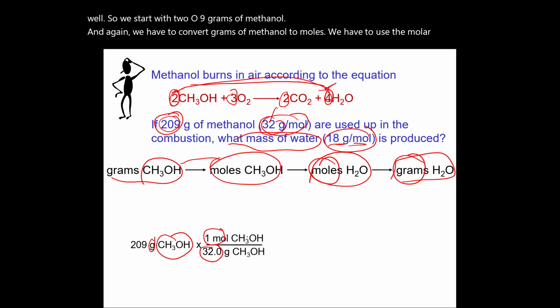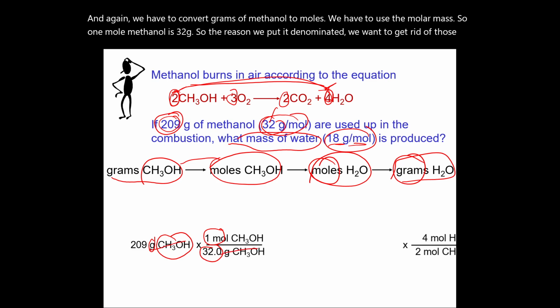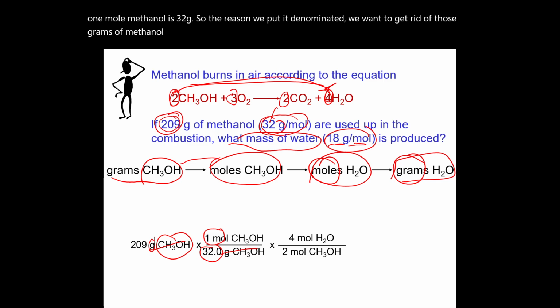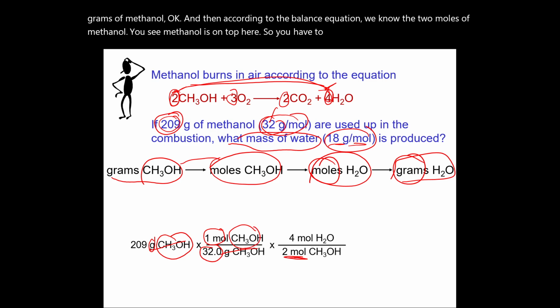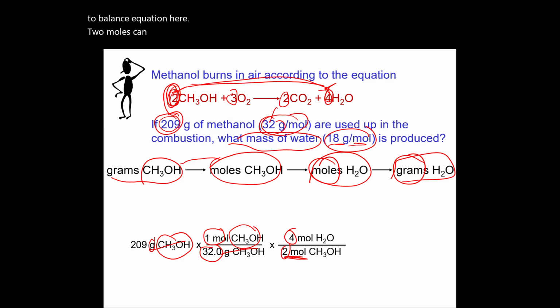So 1 mole methanol is 32 grams. The reason we put it in the denominator is that we want to get rid of those grams methanol. And then according to the balanced equation, we know that 2 moles of methanol, you see methanol is on top here, so you have to use 2 moles methanol according to the balanced equation here. 2 moles can generate 4 moles water.